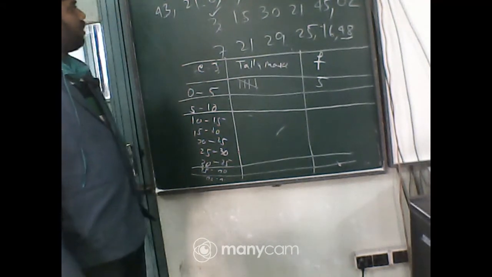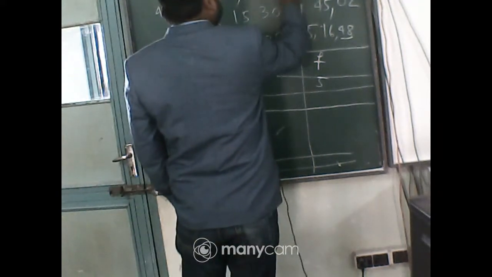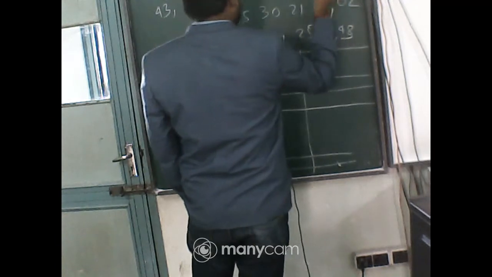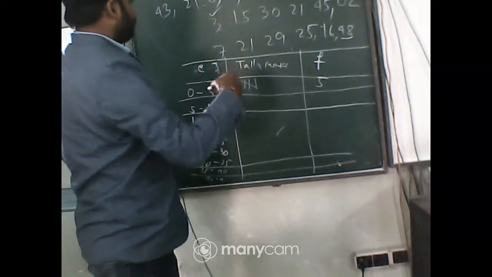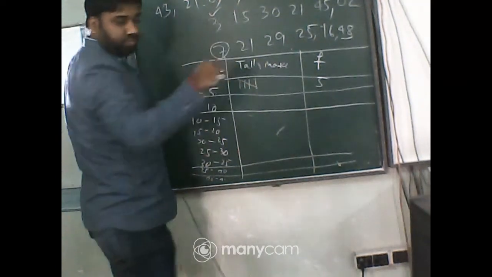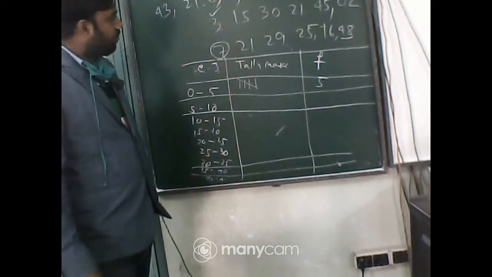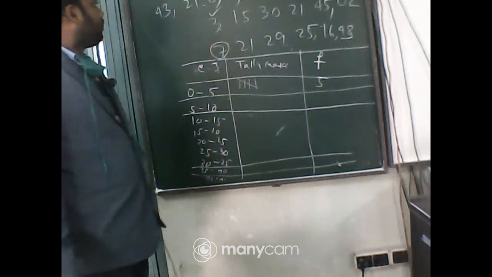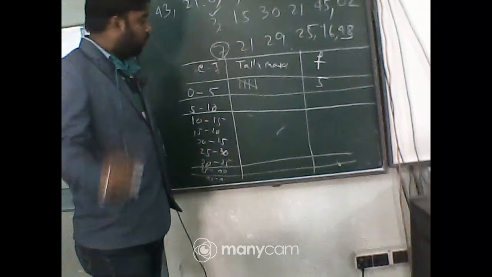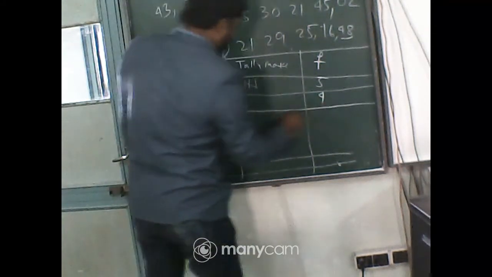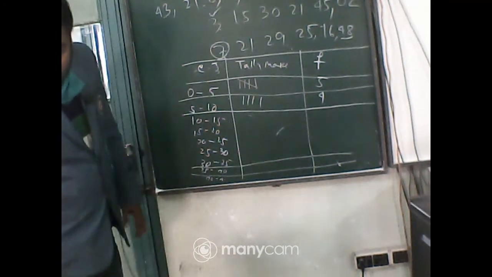So that is 1, 2, 3, 4. How many students, Riddhita? 4 students. So write it down here, 4, and 4 means 1, 2, 3, 4 tally marks. Like this way.